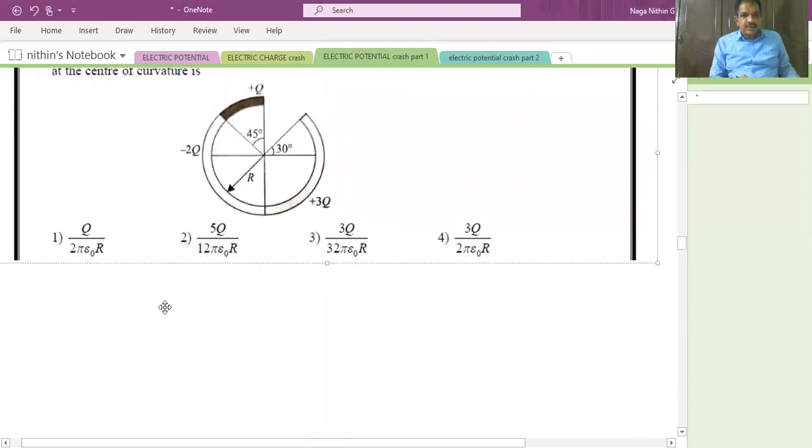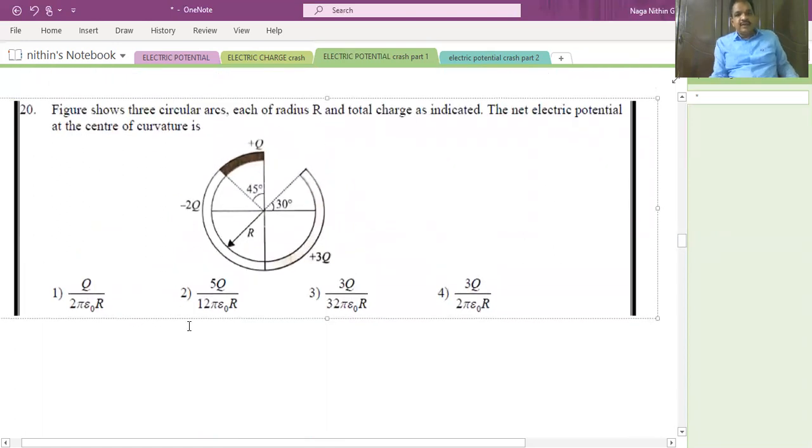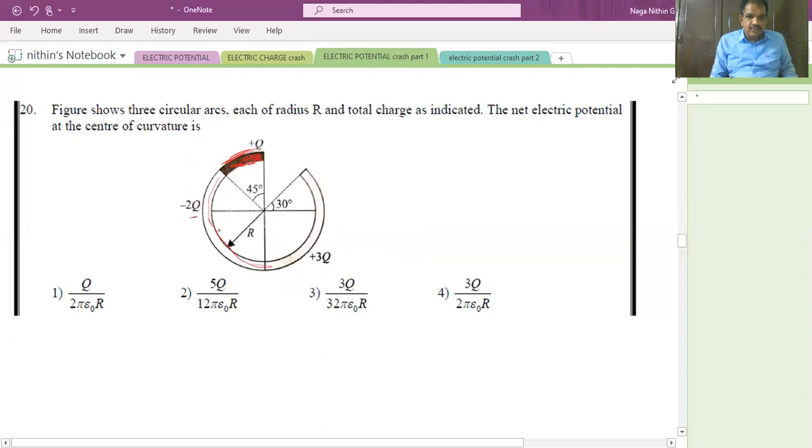Here, just to confuse you, they will create something. There is a sphere like this, in this manner. One circular plate, and this gap they left here, nothing is there. On this portion they gave a charge Q. On this portion, they gave a charge minus 2Q.